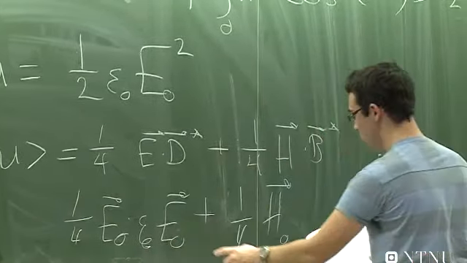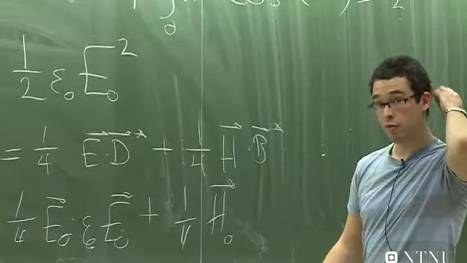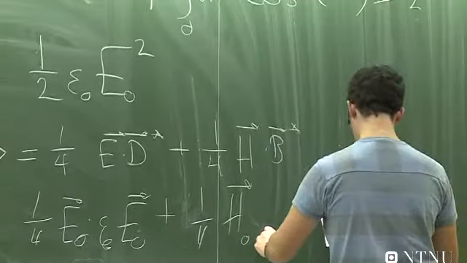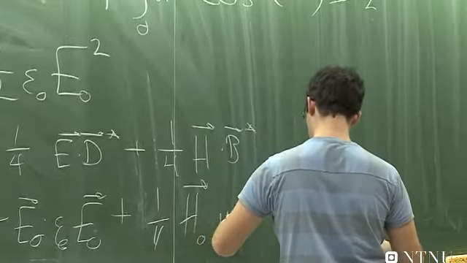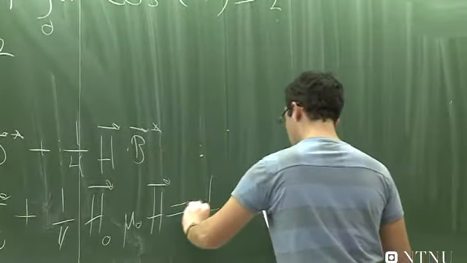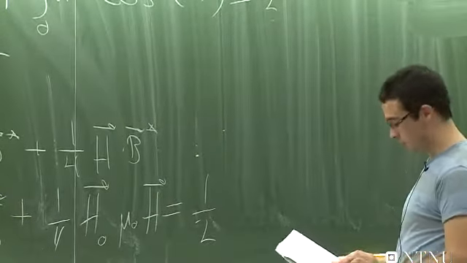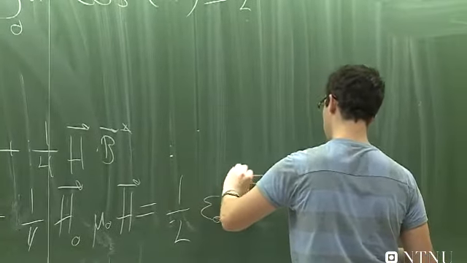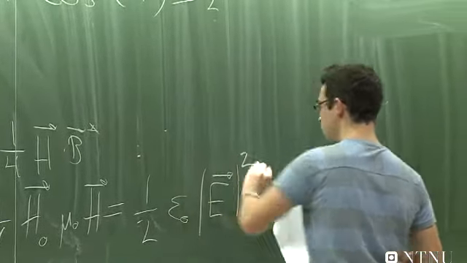And this is the amplitudes now, right? Because the phase factors cancel out here. And the final answer is that we just get out half epsilon naught E absolute value square.